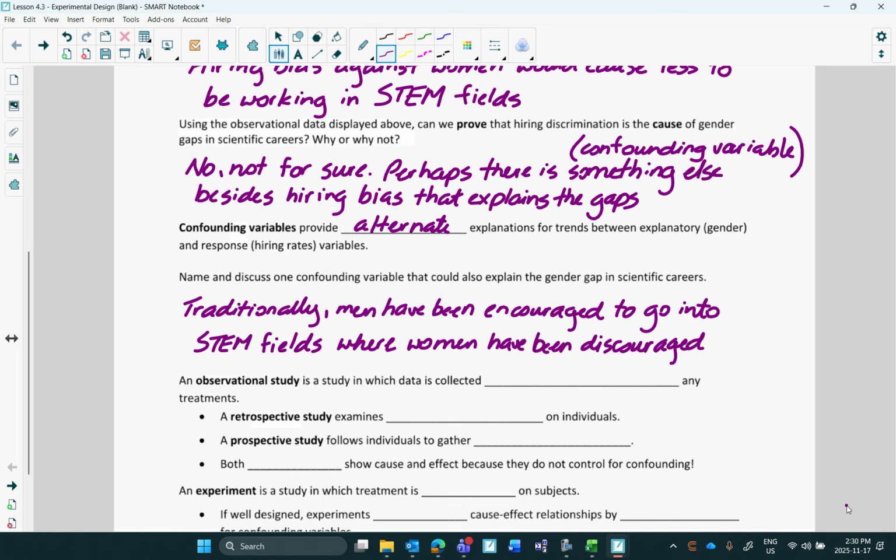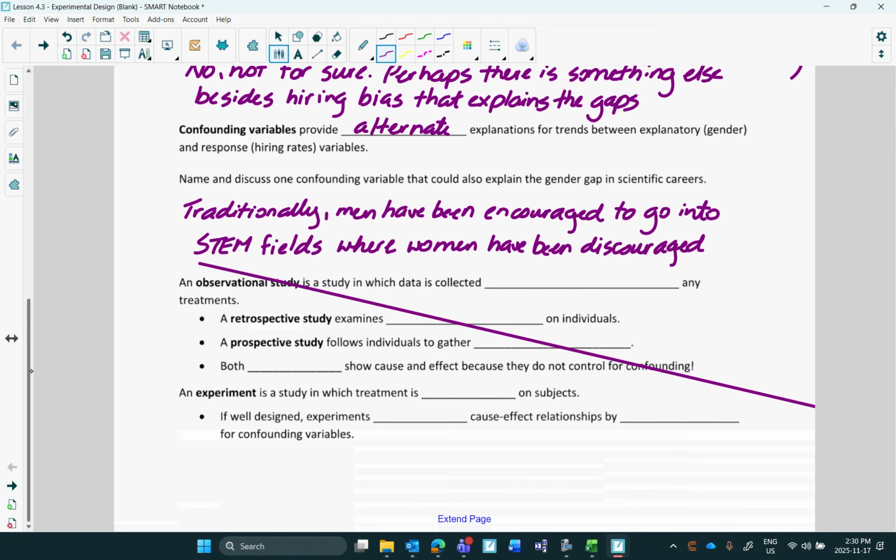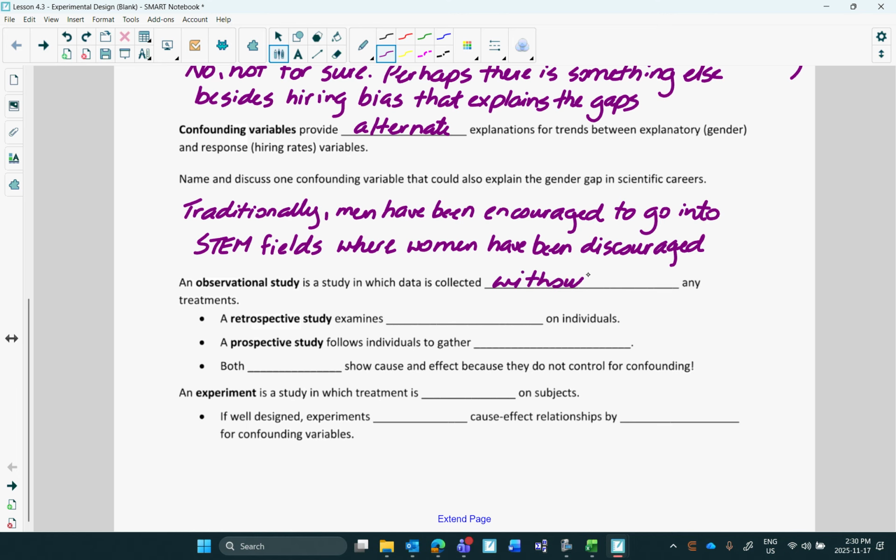So what was done here to try and prove cause and effect was an observational study. An observational study is a study in which data is collected without any kind of treatment.